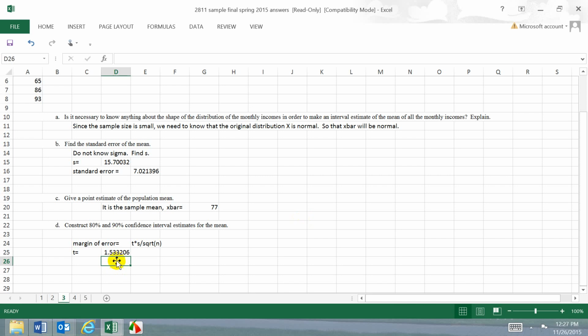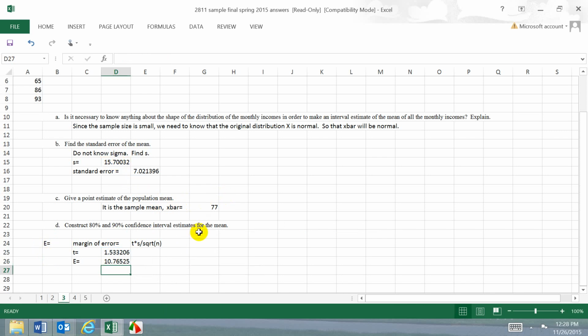Okay, so now we can get the margin of error. The margin of error, let's call that E. So E, the margin of error, is T times S over the square root of n, which is 5.